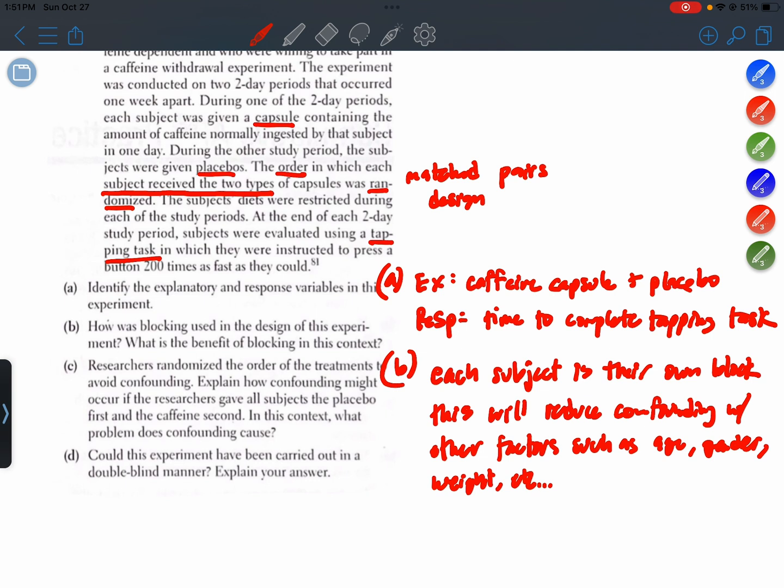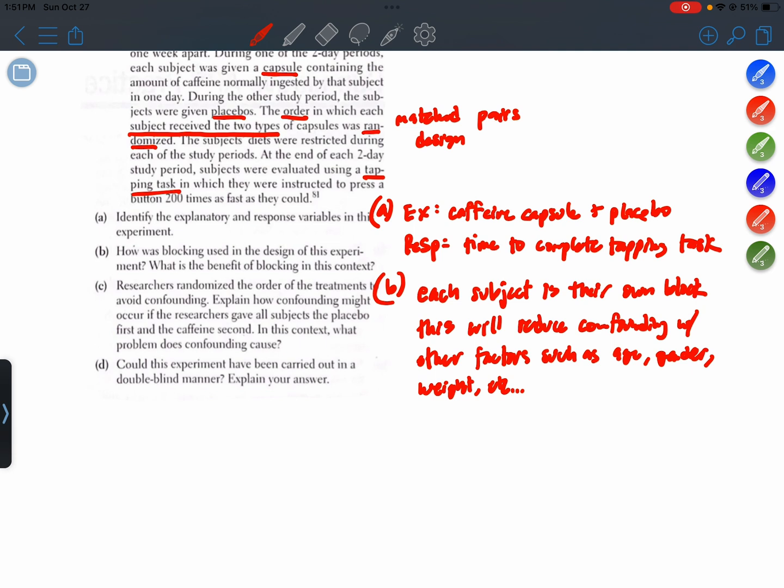I'm not going to compare Bob's time on the tapping task to Sally's time. I'm going to compare Bob's time to Bob's time because he's going to do it twice, once with the caffeine capsule and once with the placebo. So it's really to get this apples to apples comparison and not having any other differences between the measurements that you're comparing, such as age, gender, weight, etc.